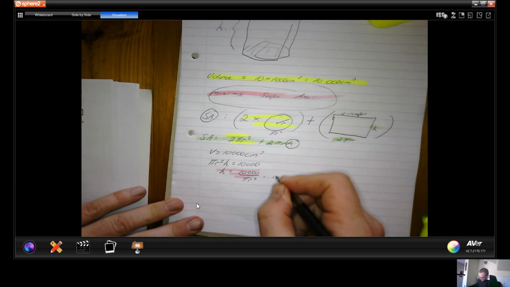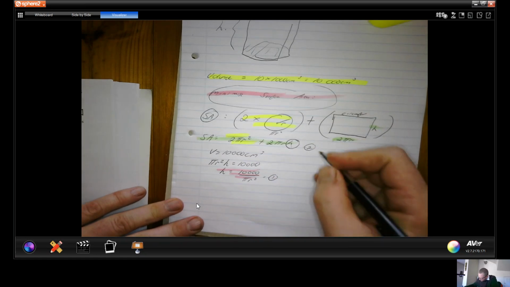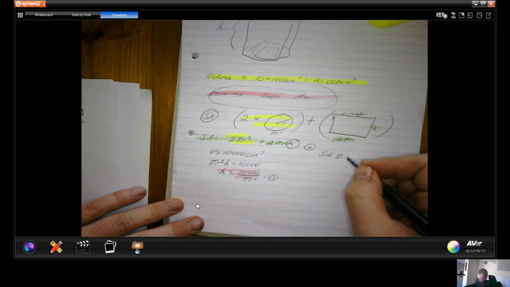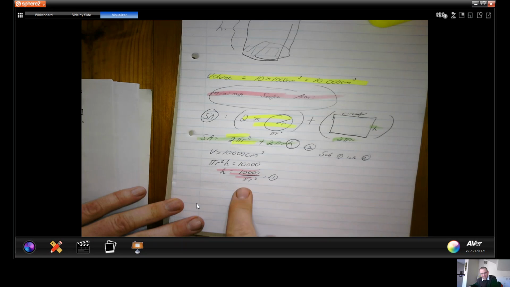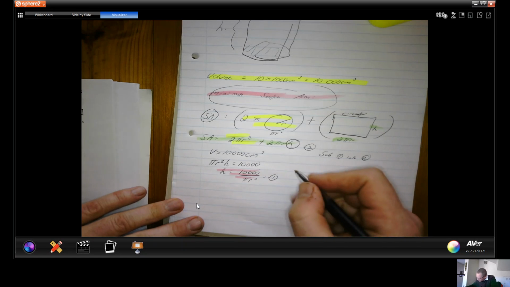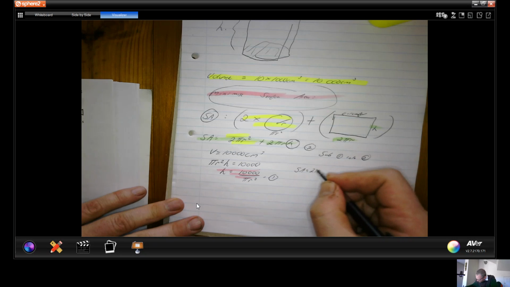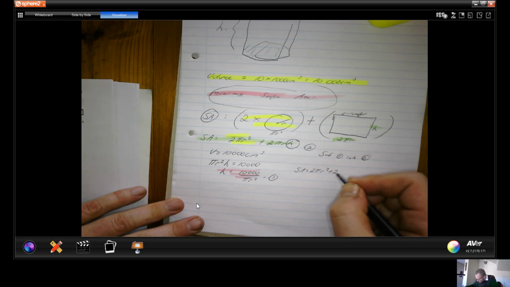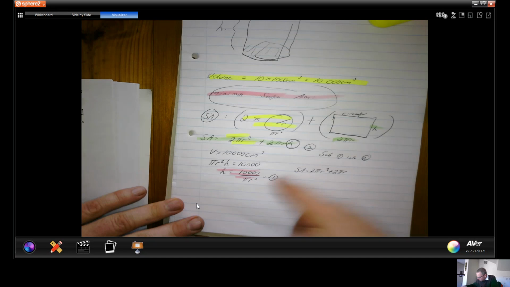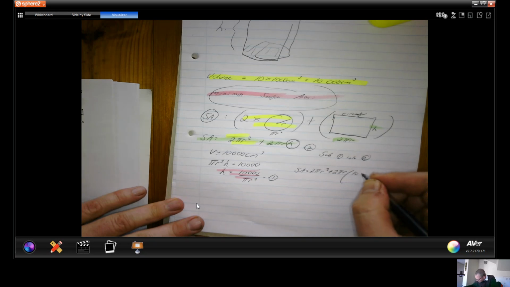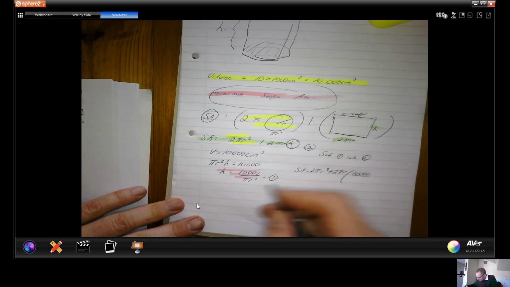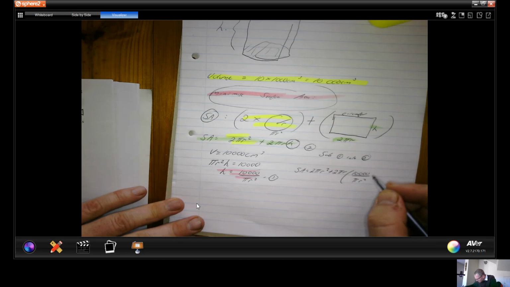So now if I sub 1 into 2, I'm going to replace every h with 10,000 over pi r squared. So my surface area is going to be 2 pi r squared plus 2 pi r, where I replace h with 10,000 over pi r squared.